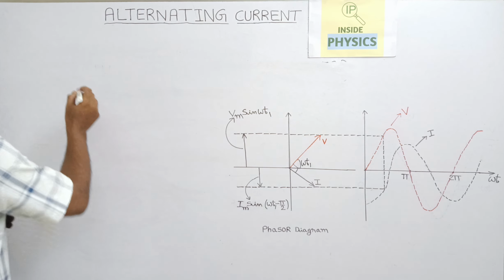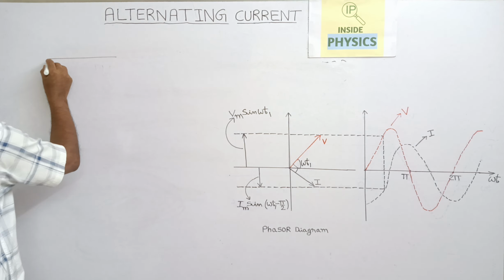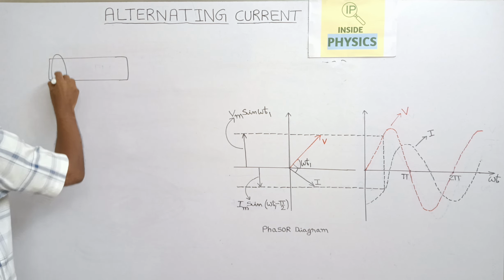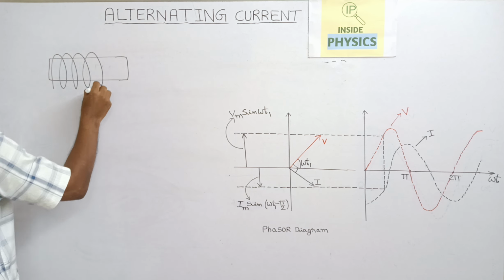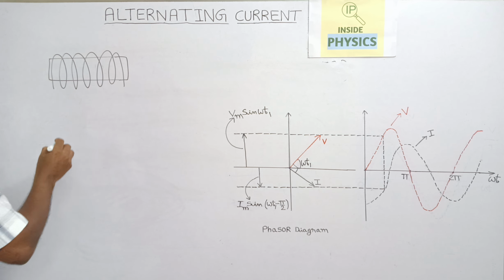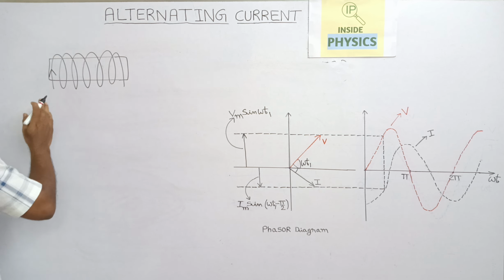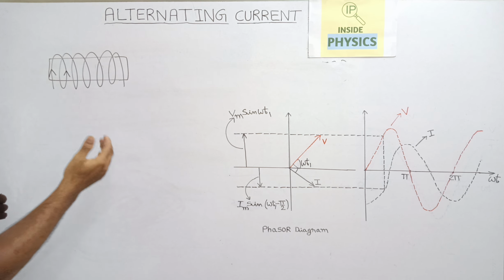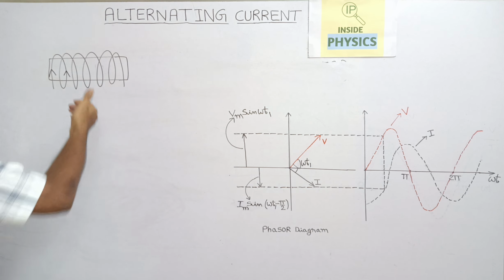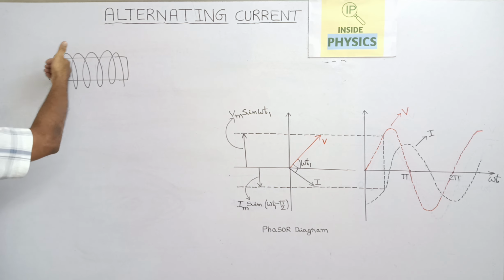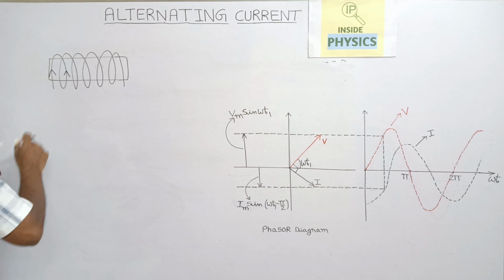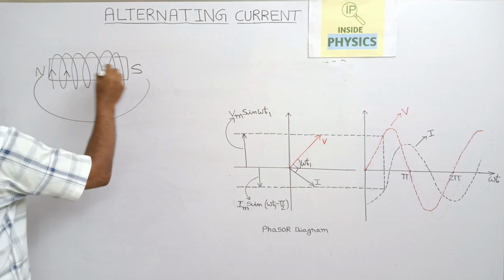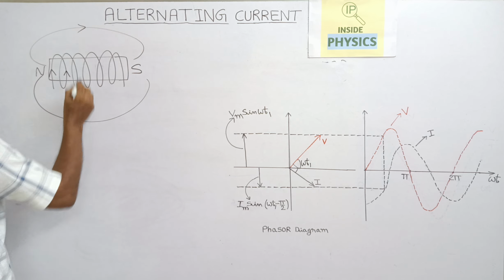So we have taken a core and there is some coil wound on this core. When the current is flowing like this in the direction, according to the right hand palm rule, the magnetic field is generated like this. So we can take the north pole here and south pole here. The magnetic lines will be drawn like this.